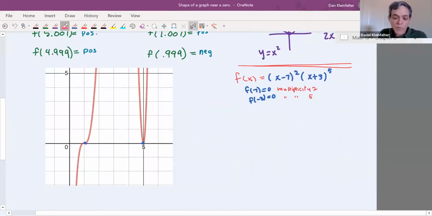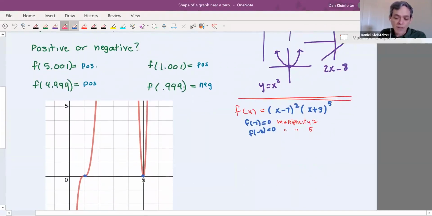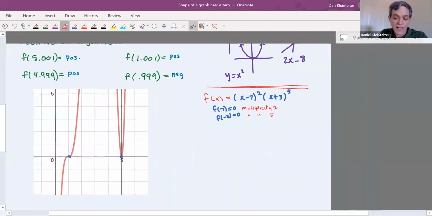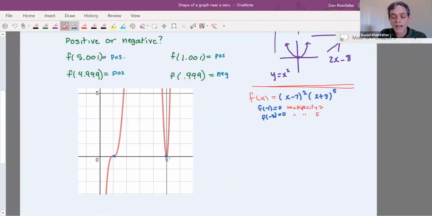But near 1, it depends on which side of 1 we're on. Is it a little bigger than 1 or a little smaller than 1? That will tell us whether the graph is above or below the x-axis. So in short, if there is an even multiplicity, you'll have the graph just bouncing off. If there is odd multiplicity, it'll be crossing through.